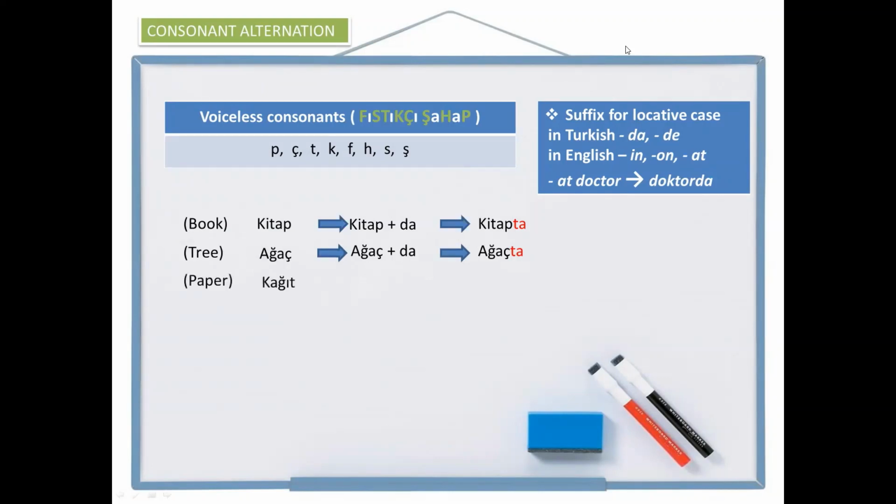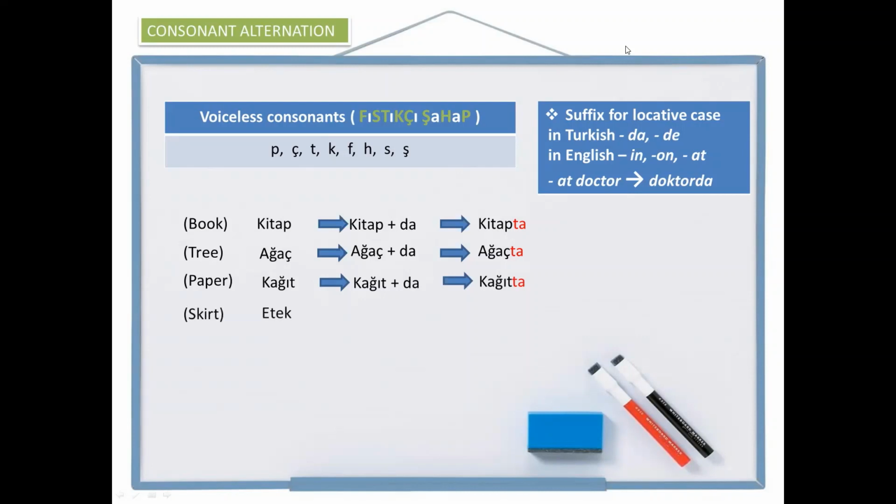Next one, kağıt, which means paper. I want to say on the paper. Kağıt, da. Last consonant is a voiceless one, so the suffix alternates. Kağıtta. Let's take a look at another one.